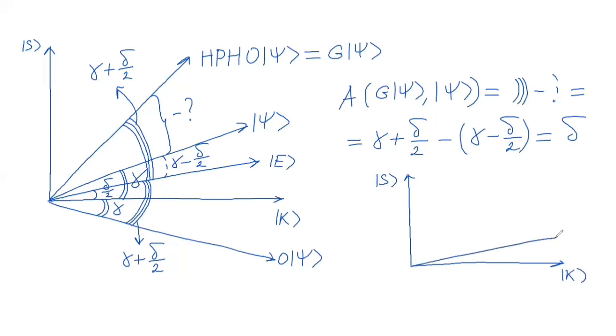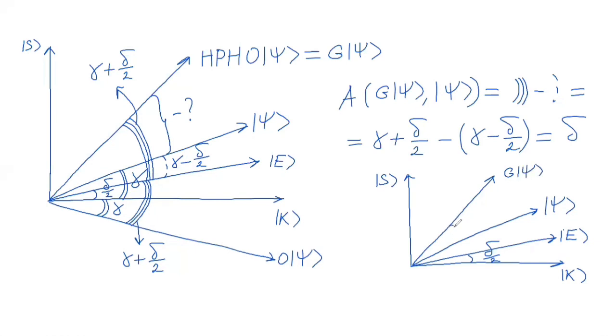We have vector E, which we said is at angle delta over 2 with respect to vector K. And now we have this arbitrary vector psi. When we apply one Grover iteration to that vector psi, we get G psi.